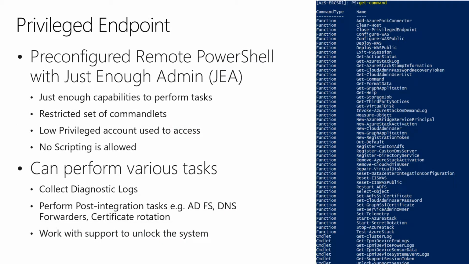And here, as promised, a screenshot from the privileged endpoint. So this is a privileged endpoint, and on the right side you can see we're here connected to AZS-ERCS01. This is a privileged endpoint on an Azure Stack Development Kit, and we run Get-Command without specific permissions, and you can see here we have a list of maybe 30 to 50 commands, and some of them should look familiar.